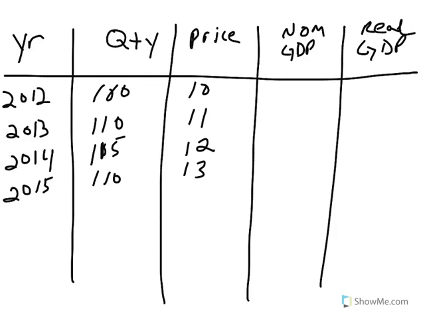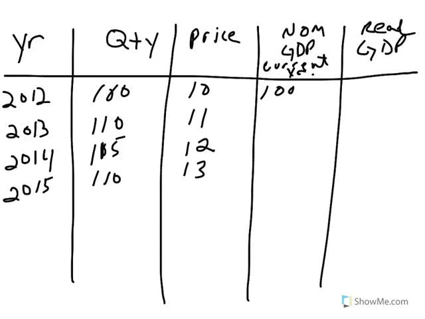Now, if we were going to calculate the GDP for any specific year using that year's price, that is what is referred to as nominal GDP. Nominal GDP is GDP calculated with current year prices. The BEA, Bureau of Economic Analysis, refers to nominal GDP as current year GDP when posting their files.